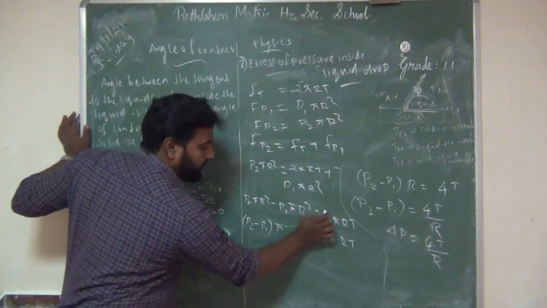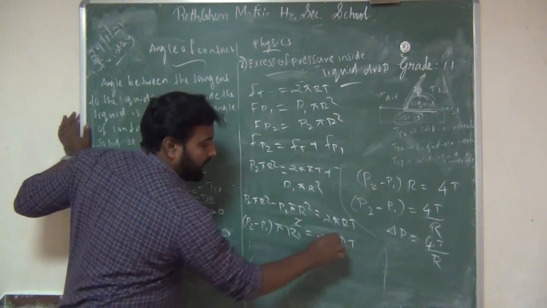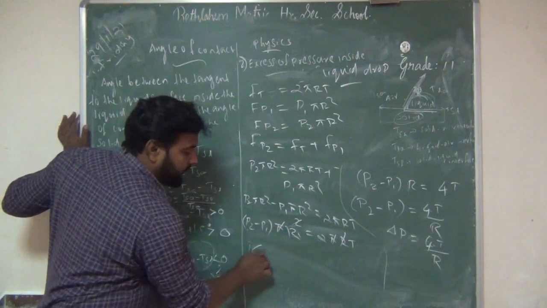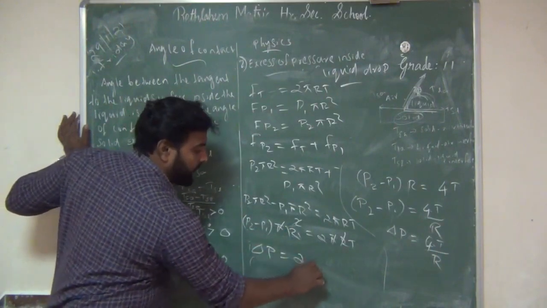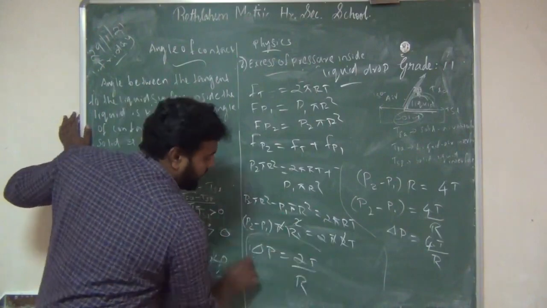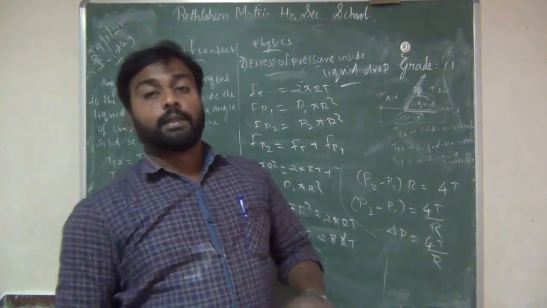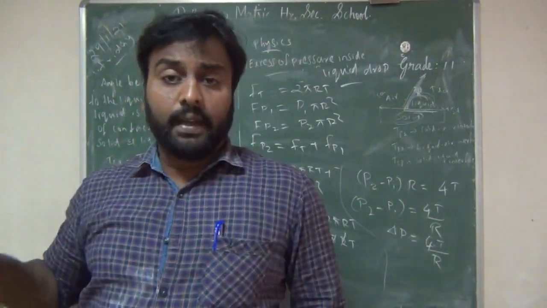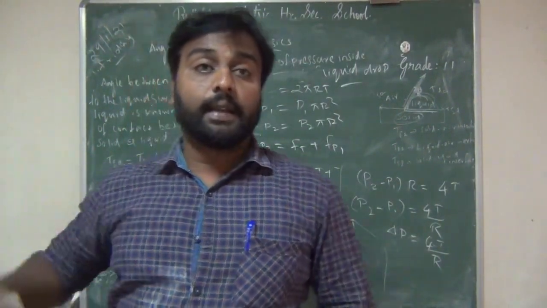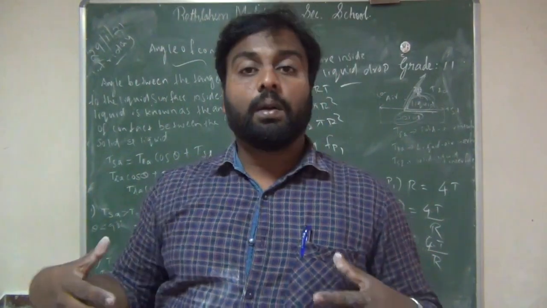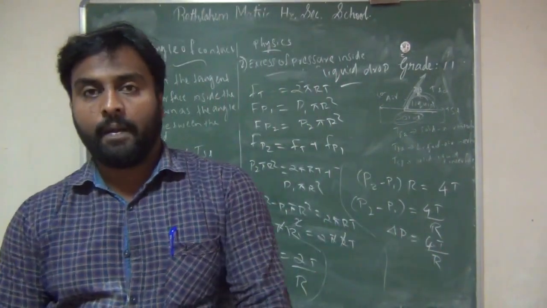Cancel this pi, so P2 minus P1, delta P, is equal to 2T by R. Again the same pressure. This is how we can find out the excess pressure inside a liquid drop, inside a soap bubble, and the excess pressure inside a bubble and a liquid drop.